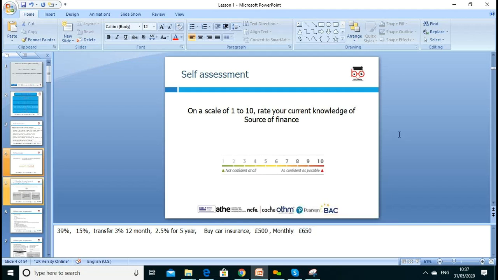Now what can we do instead of buying the insurance from the insurance company and paying monthly to them? We have a credit card and they are giving an offer on the credit card to transfer or on purchases for 12 months. There is a 3% transfer fee. So we transfer £500 from one credit card to the other, and we can use it to make the payment of £500.